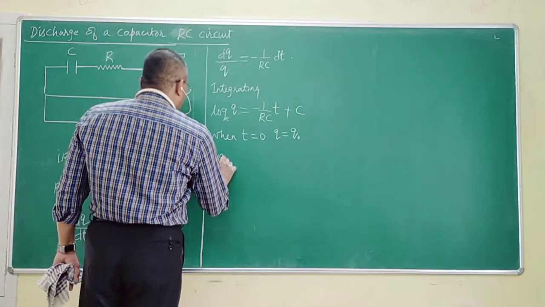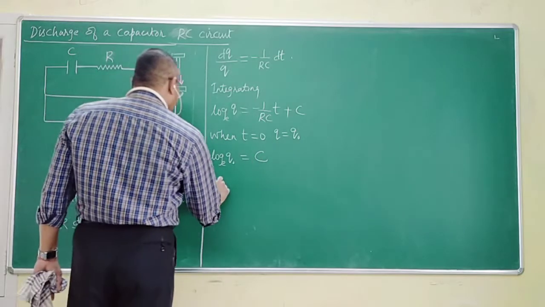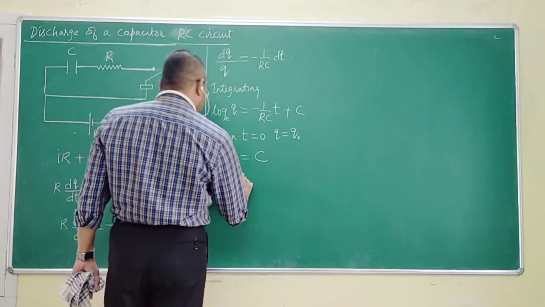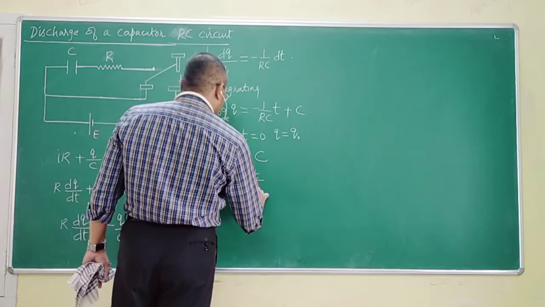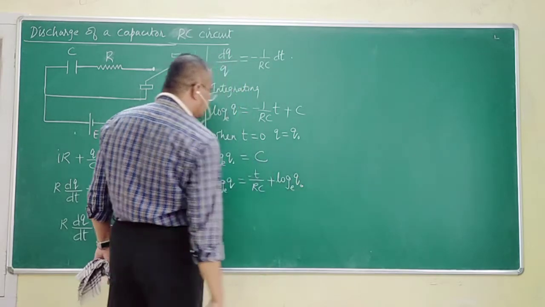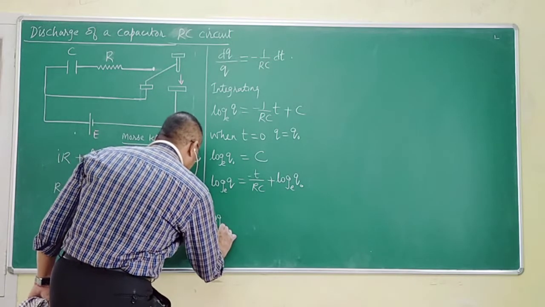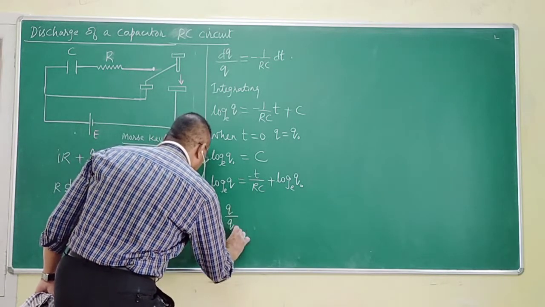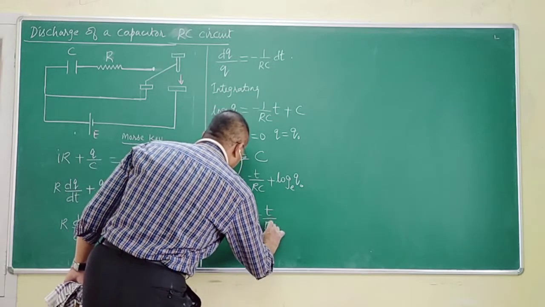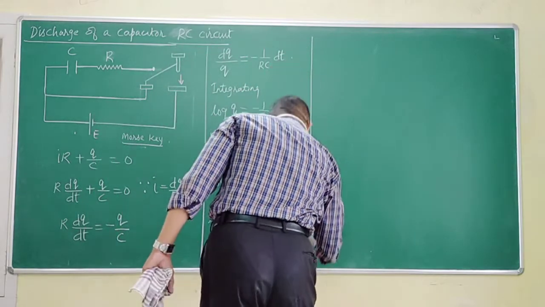Therefore, log to the base e Q naught is equal to C. Therefore, the expression becomes log to the base e Q is equal to minus T by RC plus log to the base e Q naught. Now rearranging, log to the base e Q by Q naught is equal to minus T by RC. Is that okay to you?